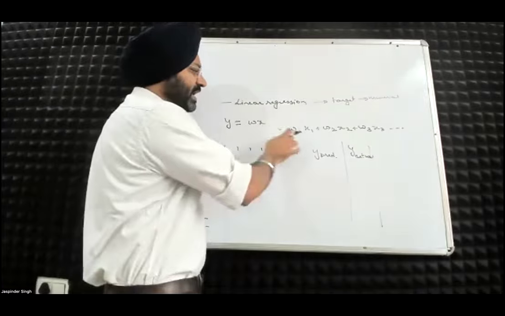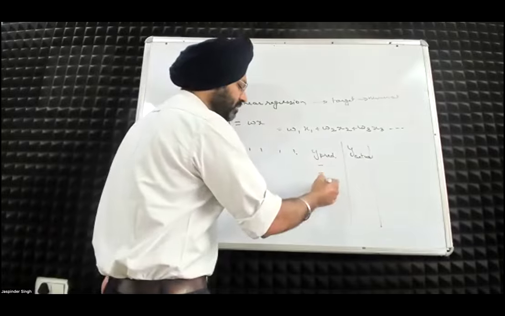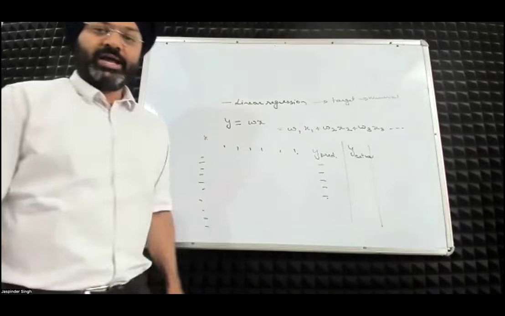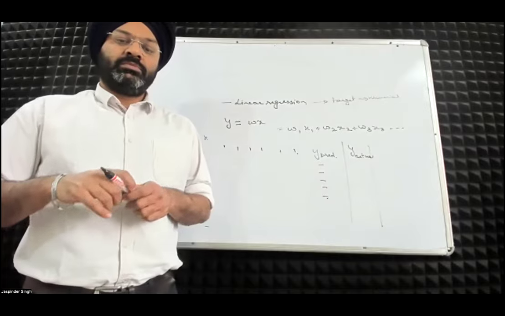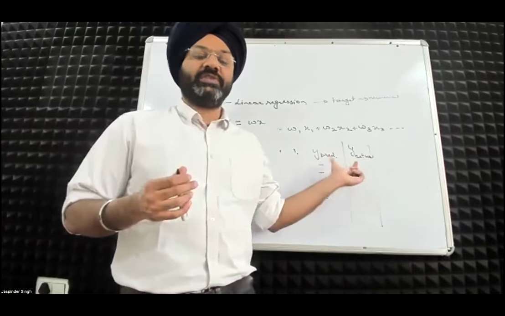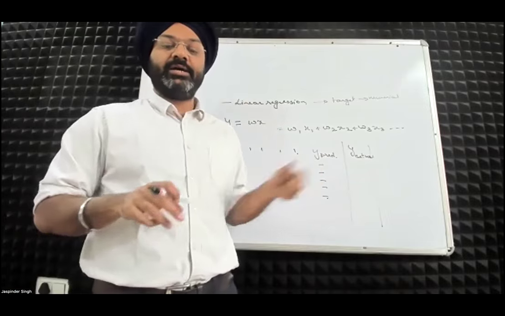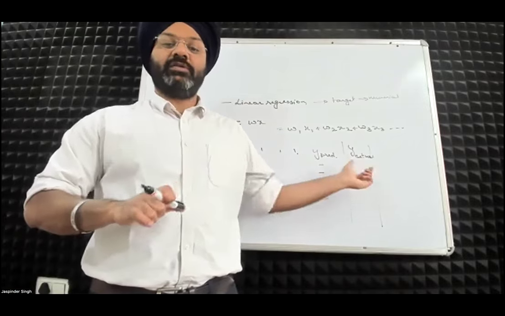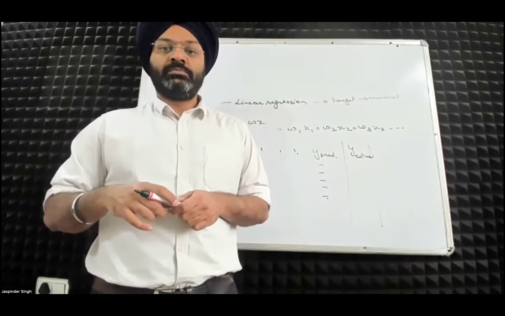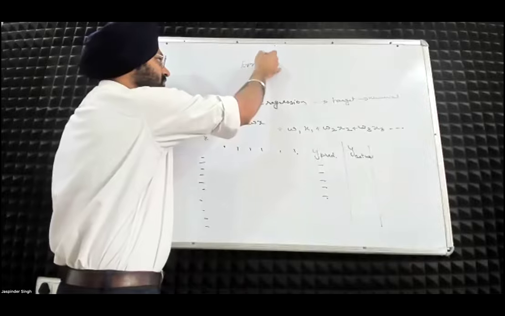Once we have found the predicted values of y with random selection of the weights, then we go about and find something called a loss function. That is the error between my predicted value of y and the actual value of y. That is the error function or the loss function.